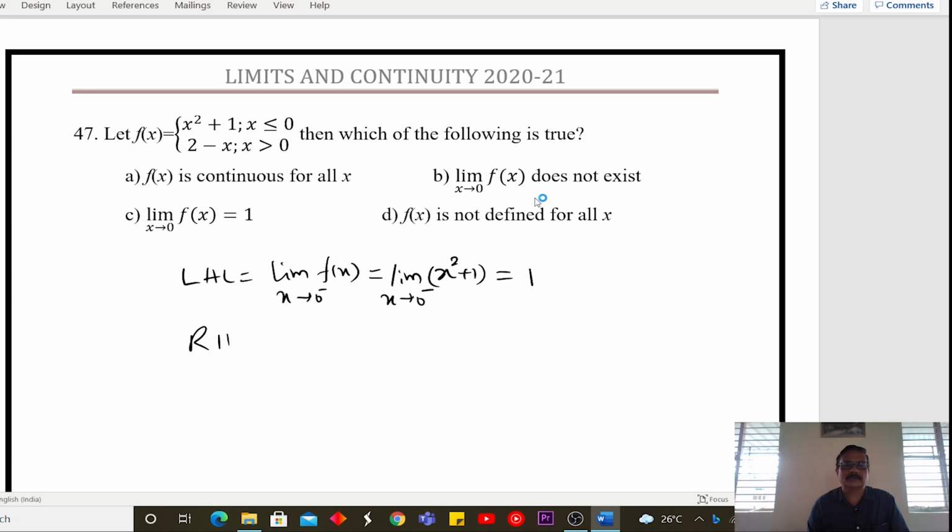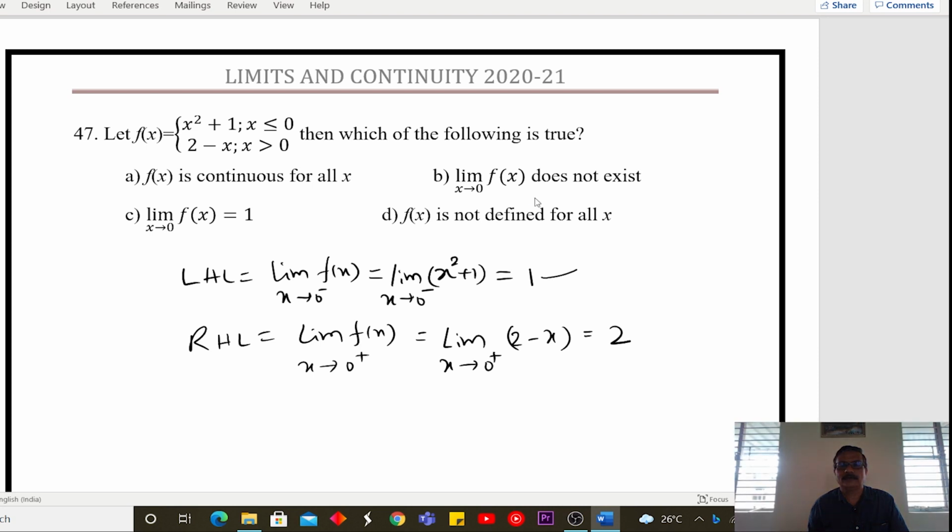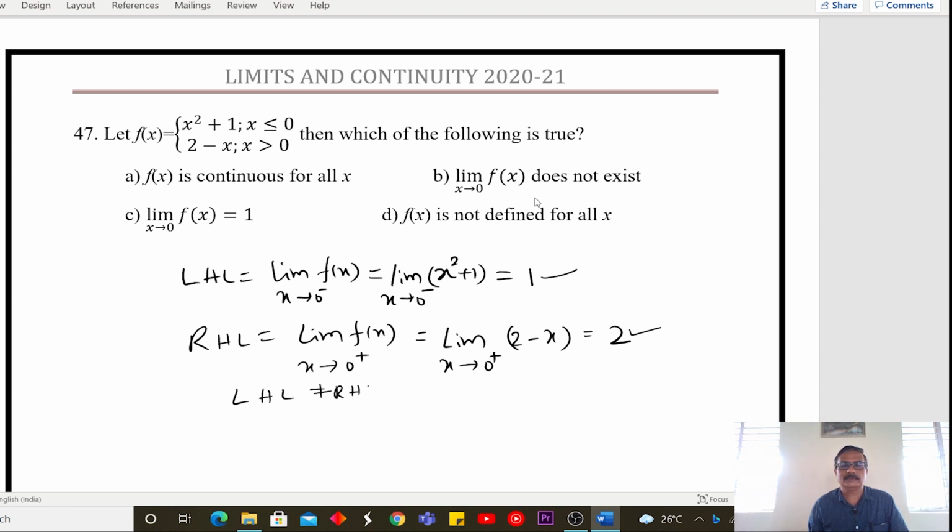Then to find RHL, the limit of f of x as x tends to 0 plus is 2 minus x. Put x equal to 0, that is 2. Observe it. LHL is 1, RHL is 2. Are they equal? Clearly LHL is not equal to RHL. Therefore it is not continuous. So option A is the wrong answer.